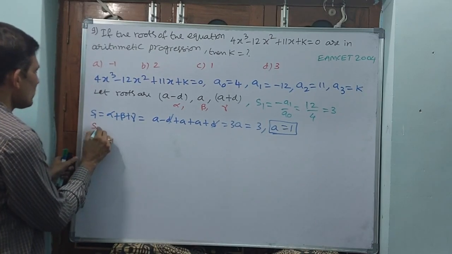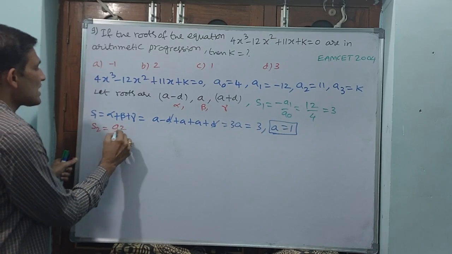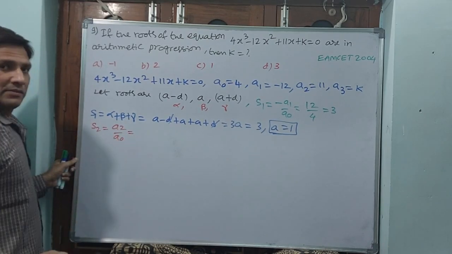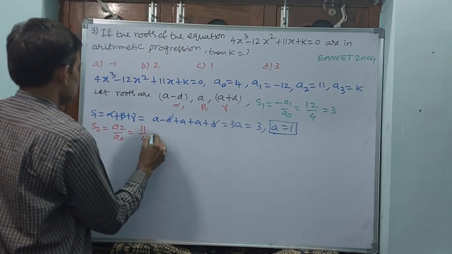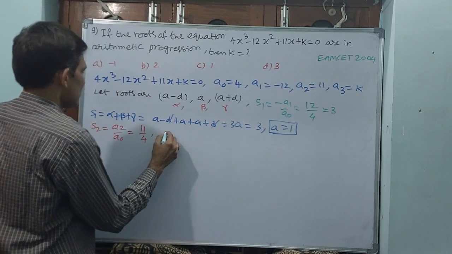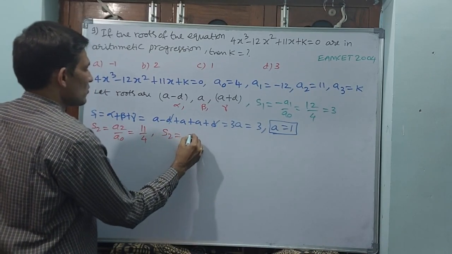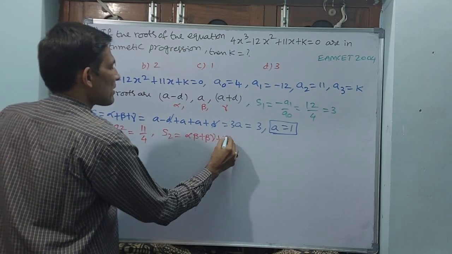S2 is equal to A2 by A0. A2 is how much? 11. 11 by 4. But this 11 by 4 is what? S2 is also equal to alpha beta plus beta gamma plus gamma alpha.